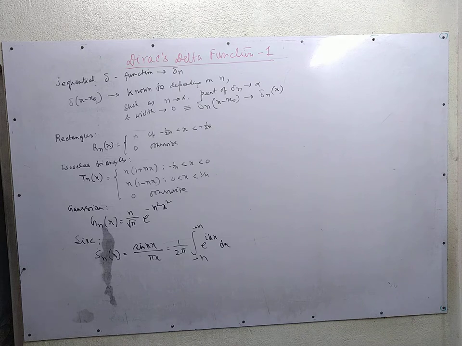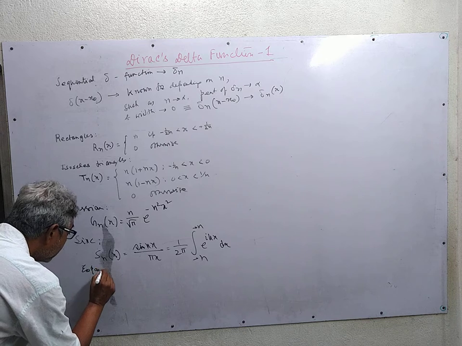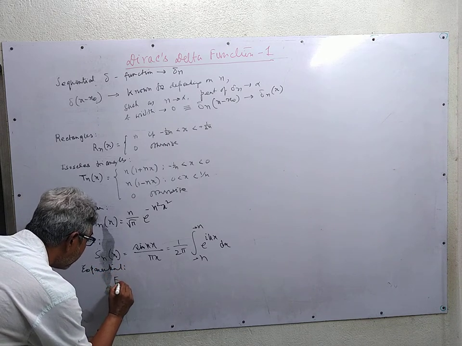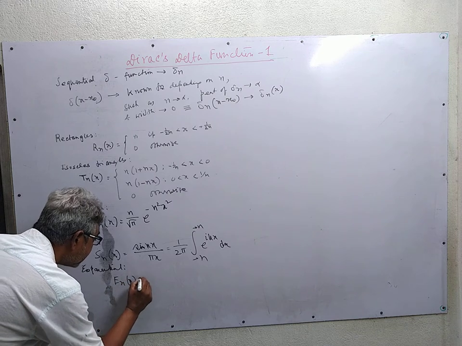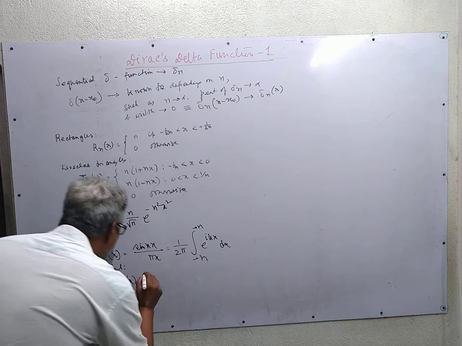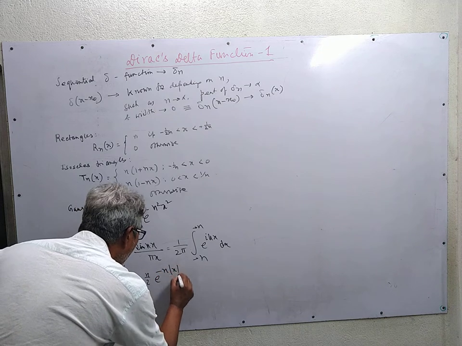There is another exponential function. The exponential sequential representation is given by En of x. En of x is n by 2 e to the power minus n mod x.